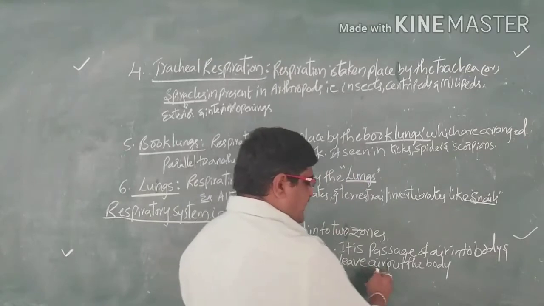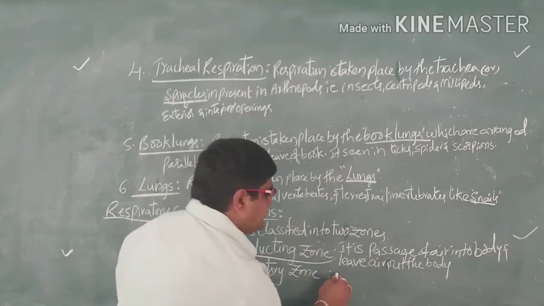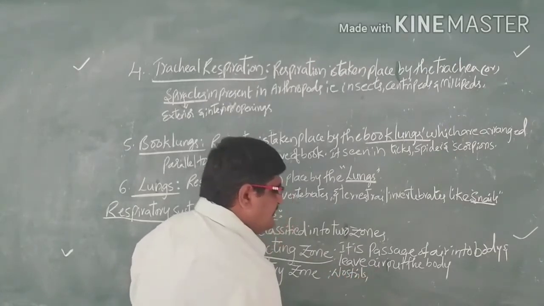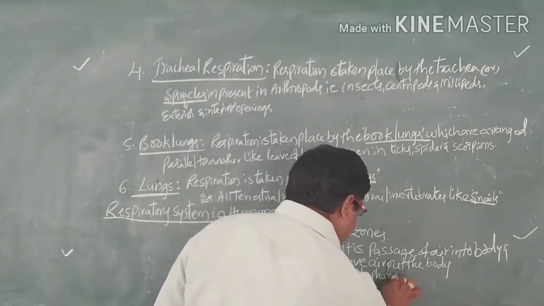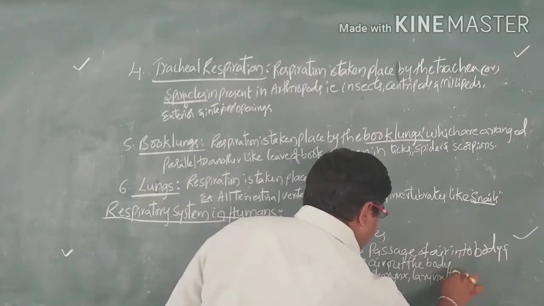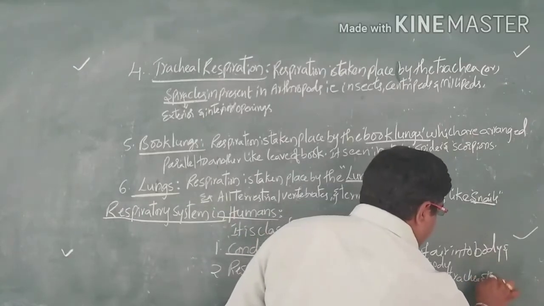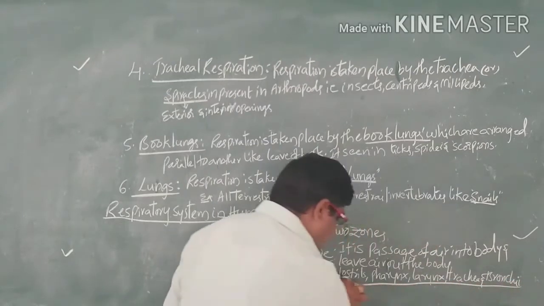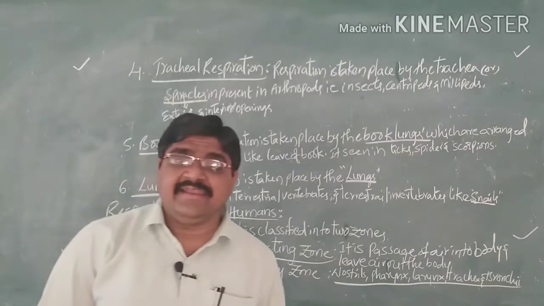In this conducting zone we have first the nostrils, second the pharynx, the larynx, the trachea, and the last one is the bronchi. These are the different parts present in the conducting zone.